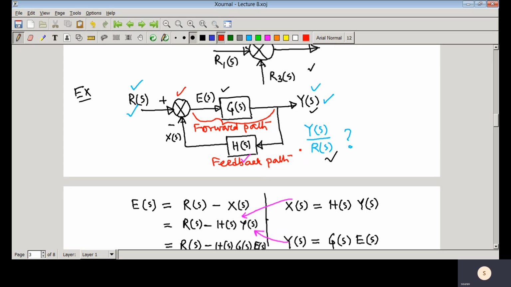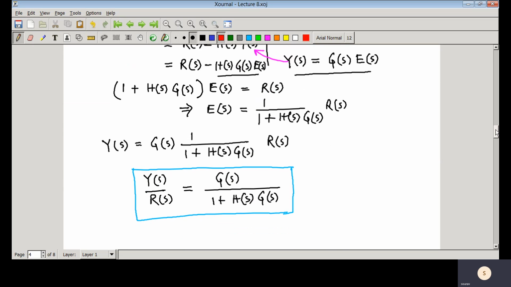So if you have a closed loop control system like this, whose forward path transfer function is G(s) and feedback path transfer function is H(s), then the transfer function from reference input to output is G(s) divided by 1 plus H(s) G(s).